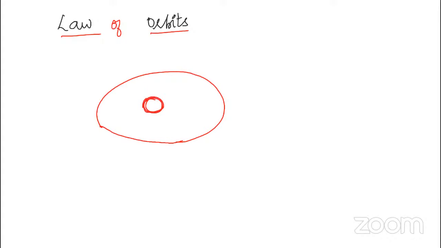And various planets are revolving around the sun in an elliptical orbit. So that is the first law. So this is our sun and this is our various planets. Here I can put only one planet.